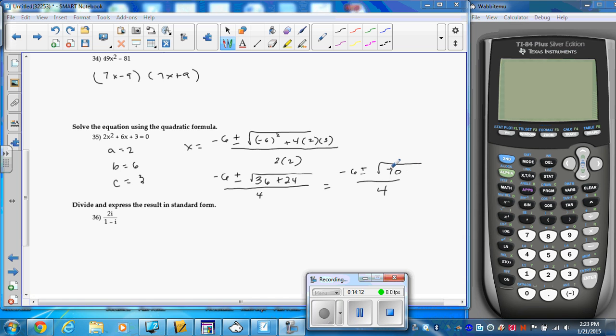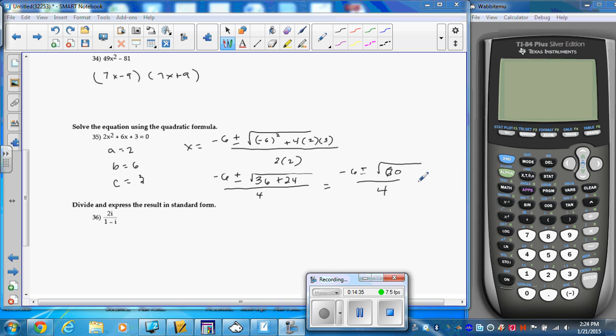So if this is 60, this is going to simplify. 4 does go into 60.